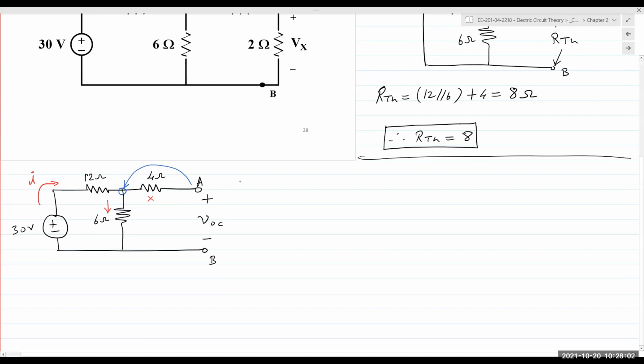Same potential, same voltage. Therefore, VAB is equal to V6. Actually, it's not VR6, I'll just say V6.